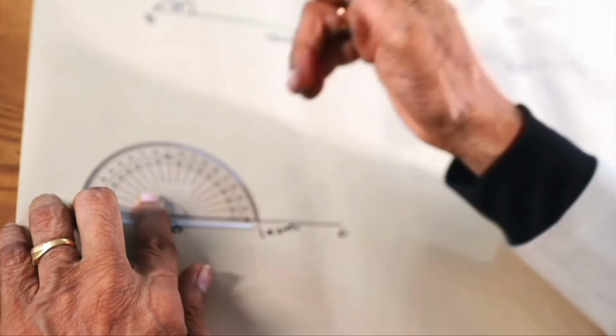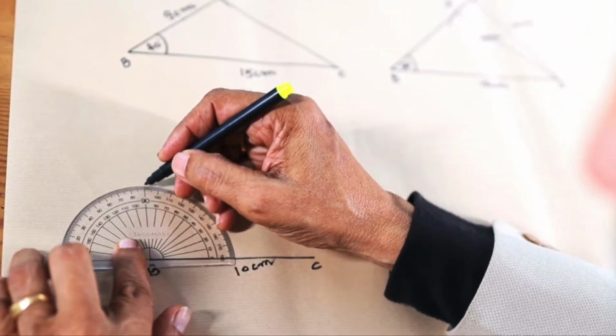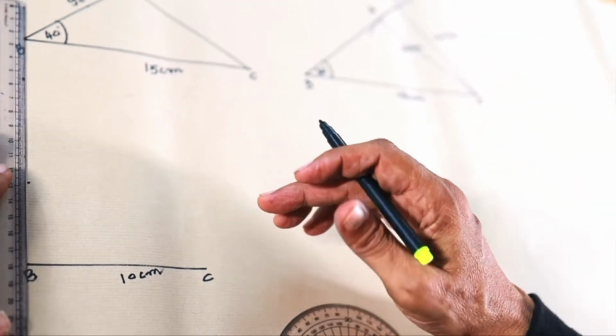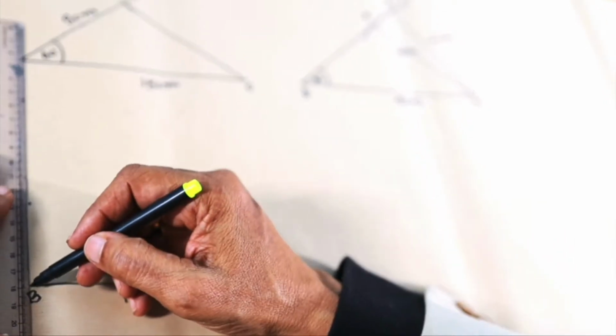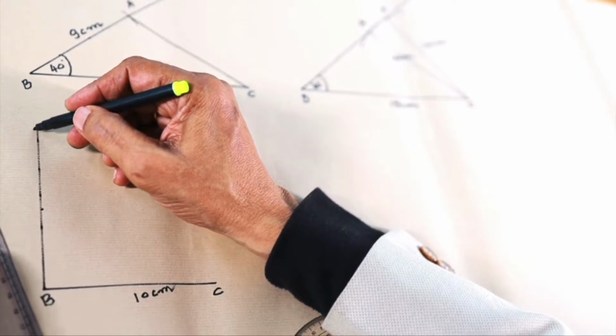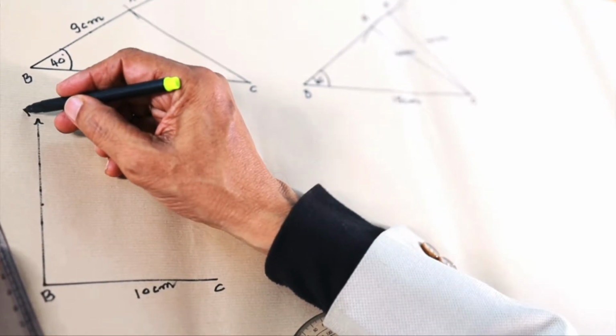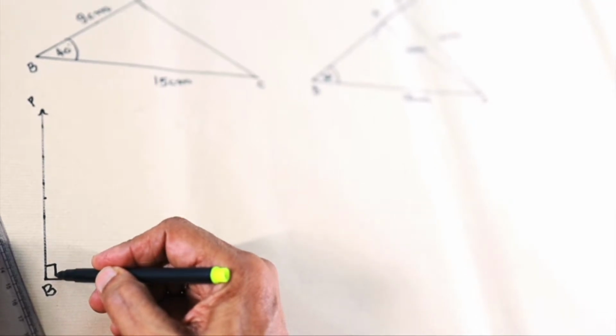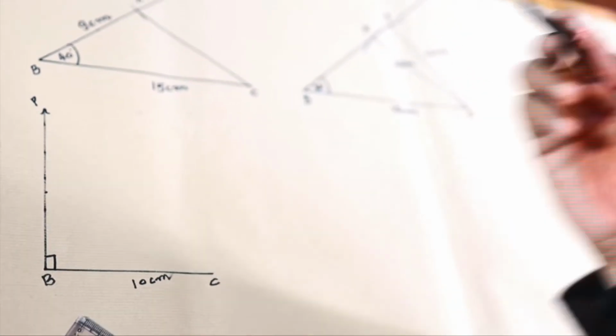Here we have taken 40 degrees. See, observe this point. This point makes an angle of 90 degrees. Okay, let us join these two and extend a little. Okay, so this is the ray BP, which makes an angle of 90 degrees with BC.